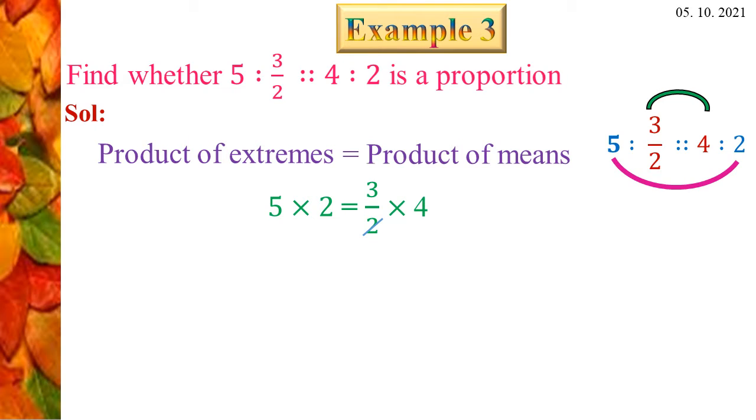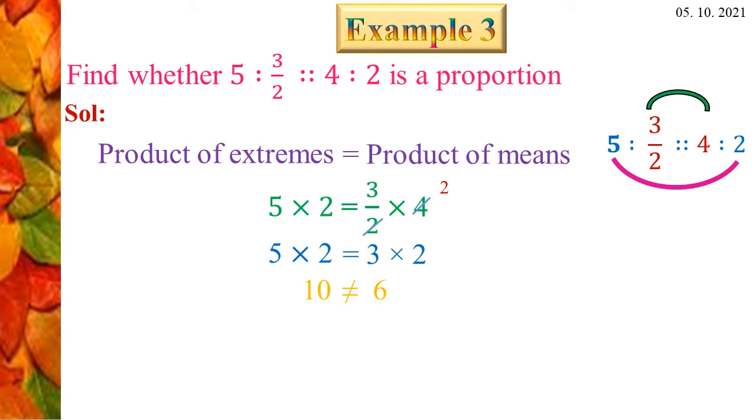Now 5 into 2 equal to 3 by 2 into 4. So now we have to cancel the common factors 2 and 4. The common factor of 2 and 4 is 2. 1 2 is 2, 2 2s are 4. So here we get 5 into 2 equal to 3 into 2. Now multiply the values. 5 2s are 10 equal to 3 2s are 6.